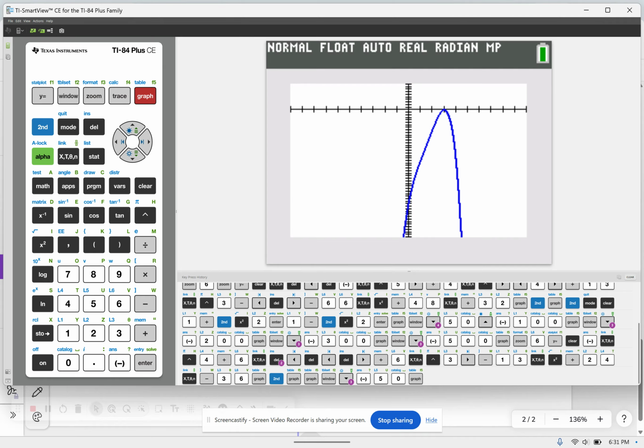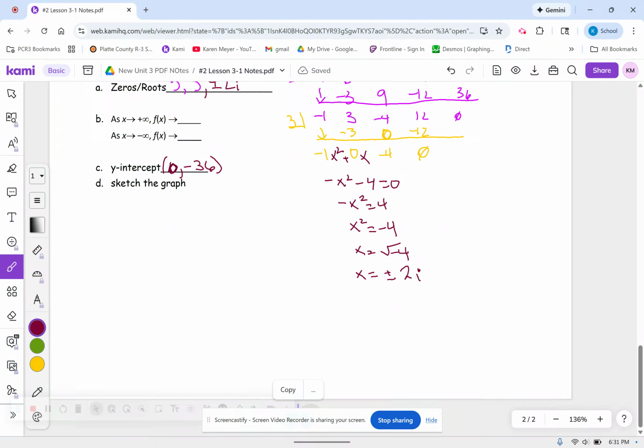All right, and then I notice on the right and the left side both that it's going down, so negative infinity on both. So then I'm going to make my rough sketch. So I have 3. Now, you can't put imaginary roots on the graph, so don't try to graph plus or minus 2i.